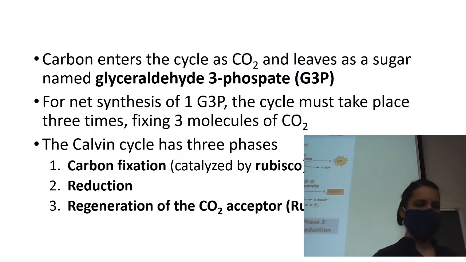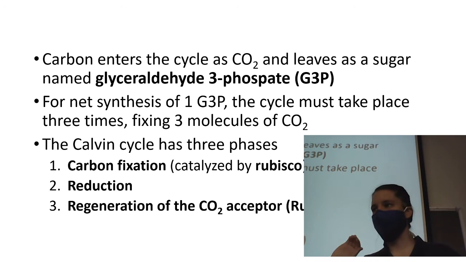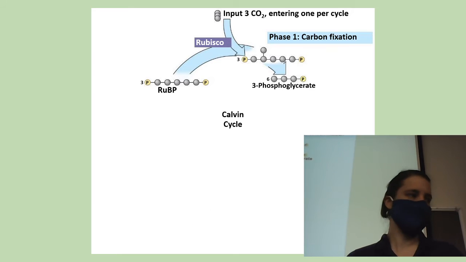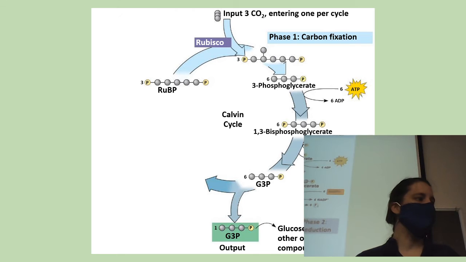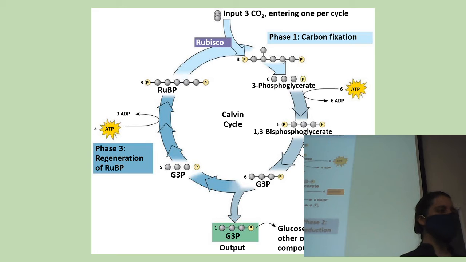It's technically called glyceraldehyde 3-phosphate, but even its mother calls it G3P. That's because reasons. So that's going to leave. Then it's going to take some more energy just to get this thing back to where it was before.